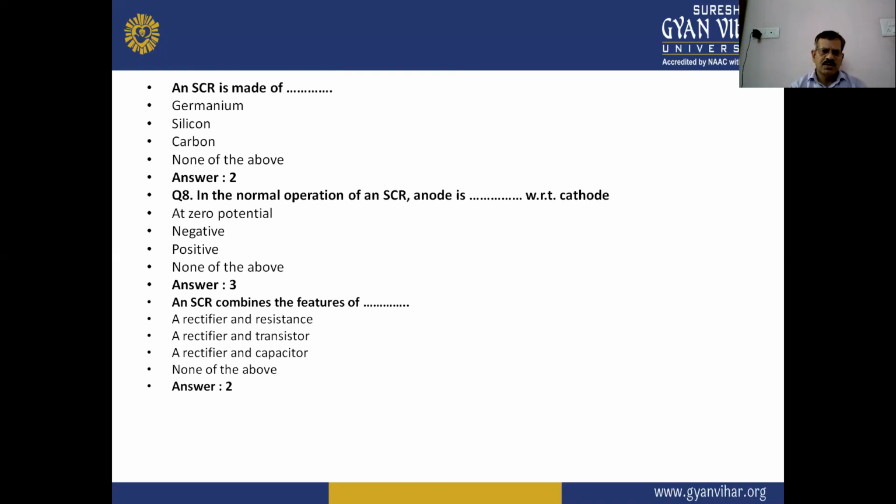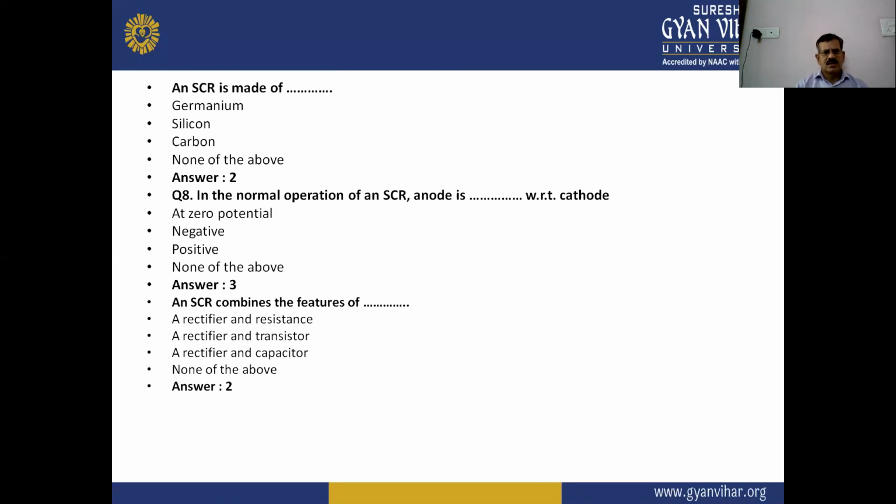Option first is zero potential, option second is negative potential, option third is positive potential, and option fourth is none of the above.